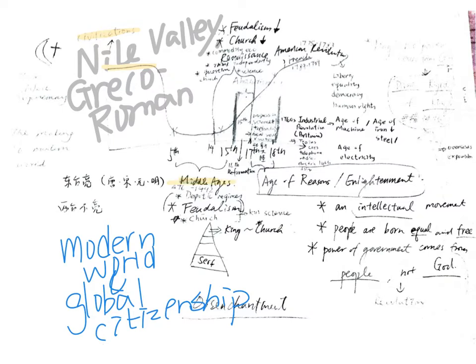Middle Ages are also called the medieval times. And the beginning of Middle Ages is often called the Dark Ages because the Greek civilizations of Greek and Rome have fallen. It drops.